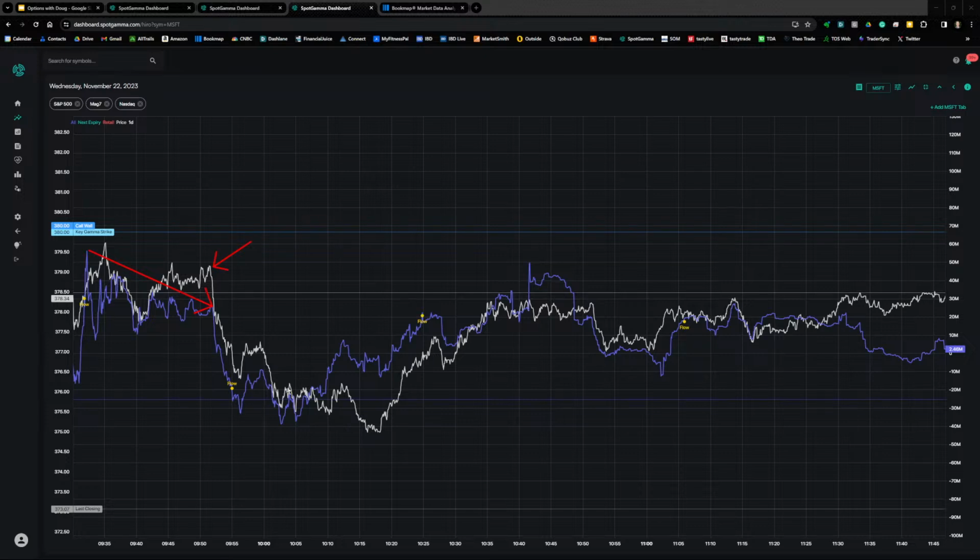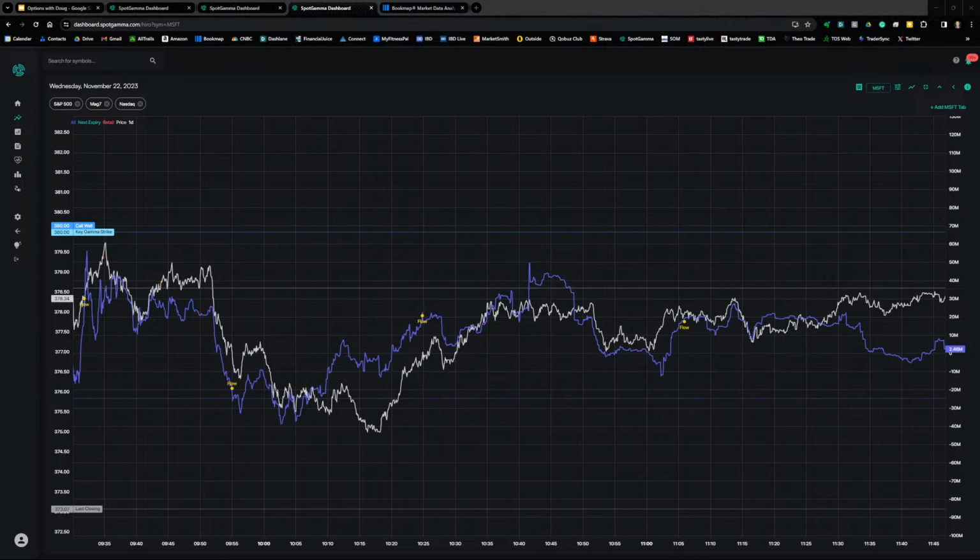Then they started taking positive delta positions right around 10:05, and then price reversed higher about 10 minutes later. So divergent short, divergence long in Microsoft.